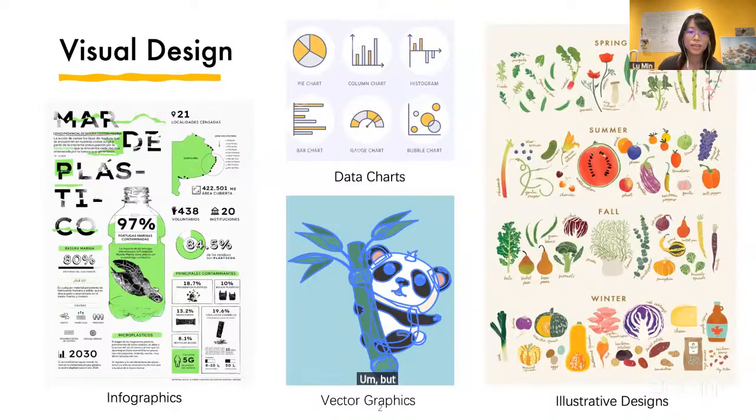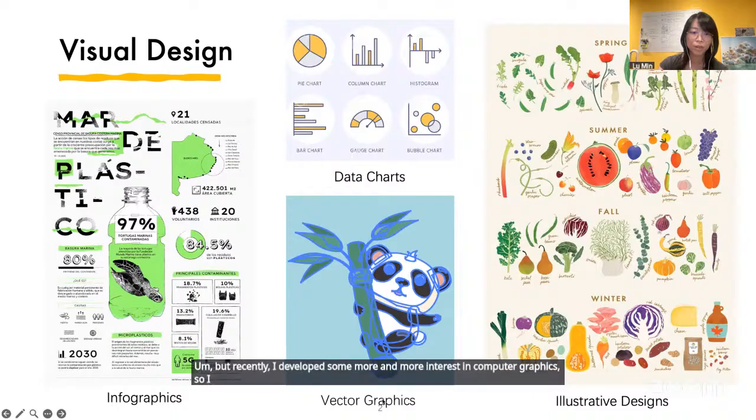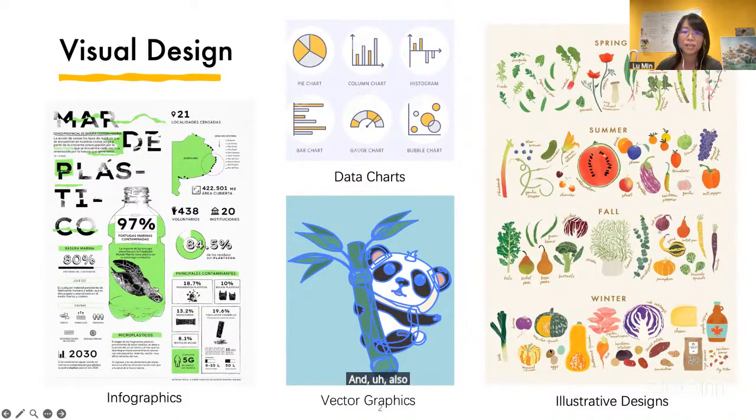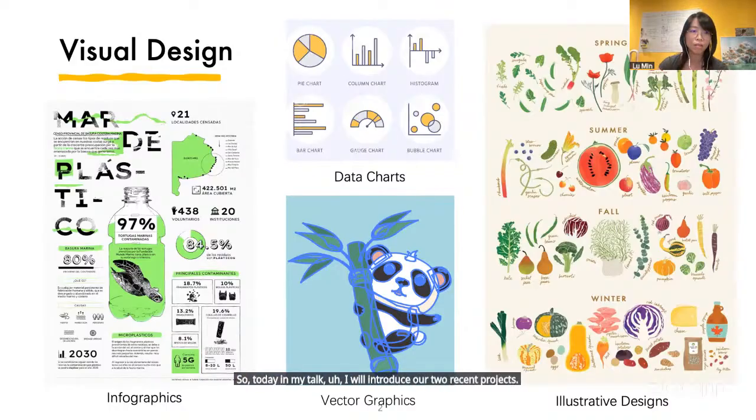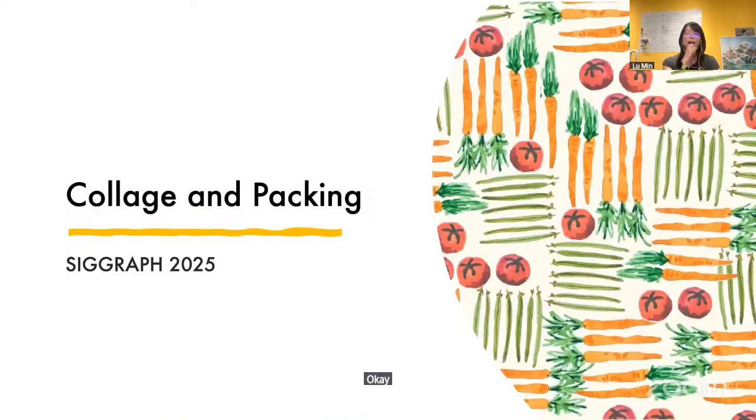But recently I developed more and more interest in computer graphics, so I work on vector graphics and illustrative designs. Today I will introduce two recent projects in this direction. Let's start with the first project.